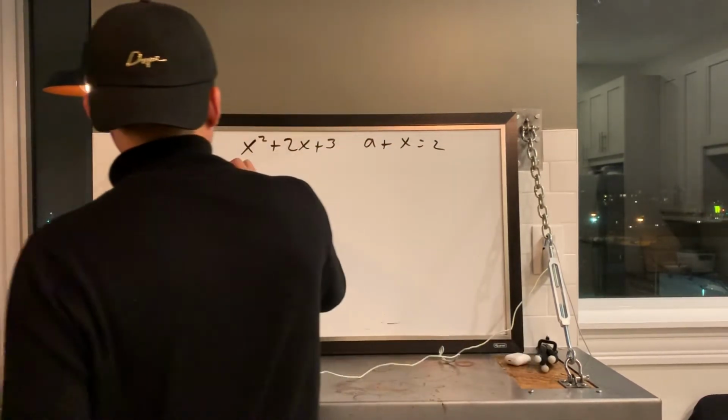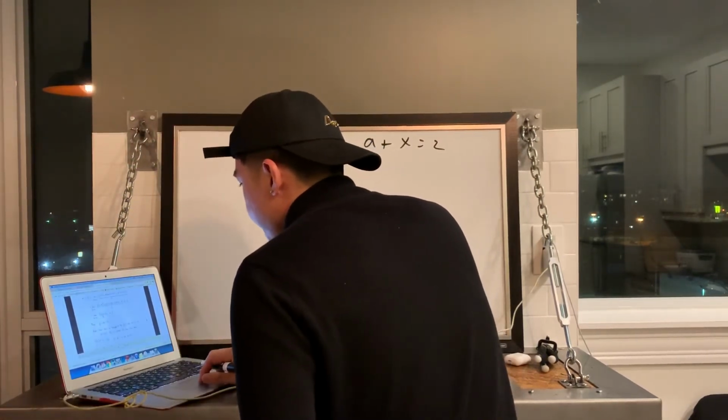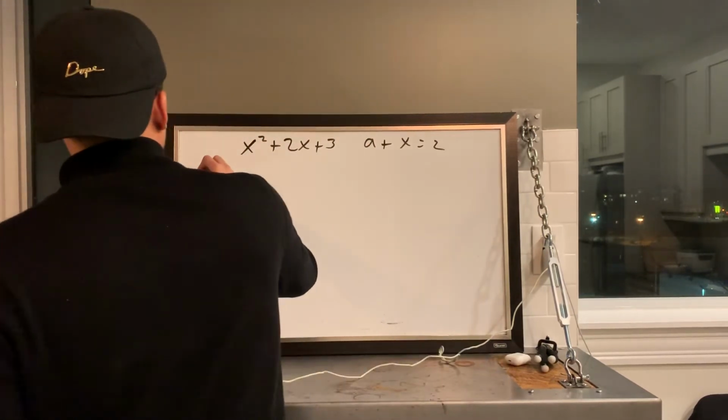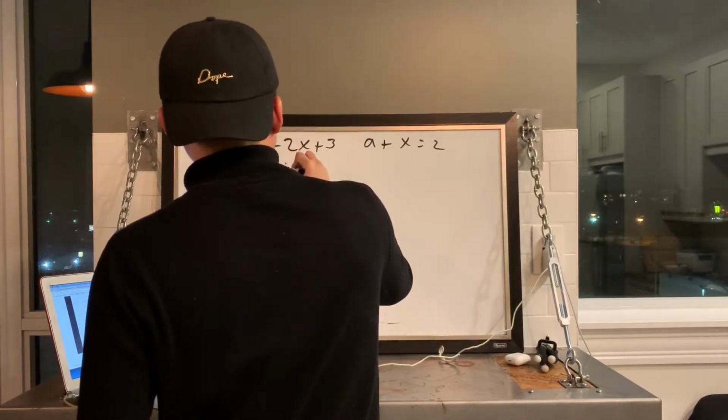Okay? So you go, really what you can do, I guess, you can sub in f prime of 2. f prime of 2 equals the limit as h approaches 0.